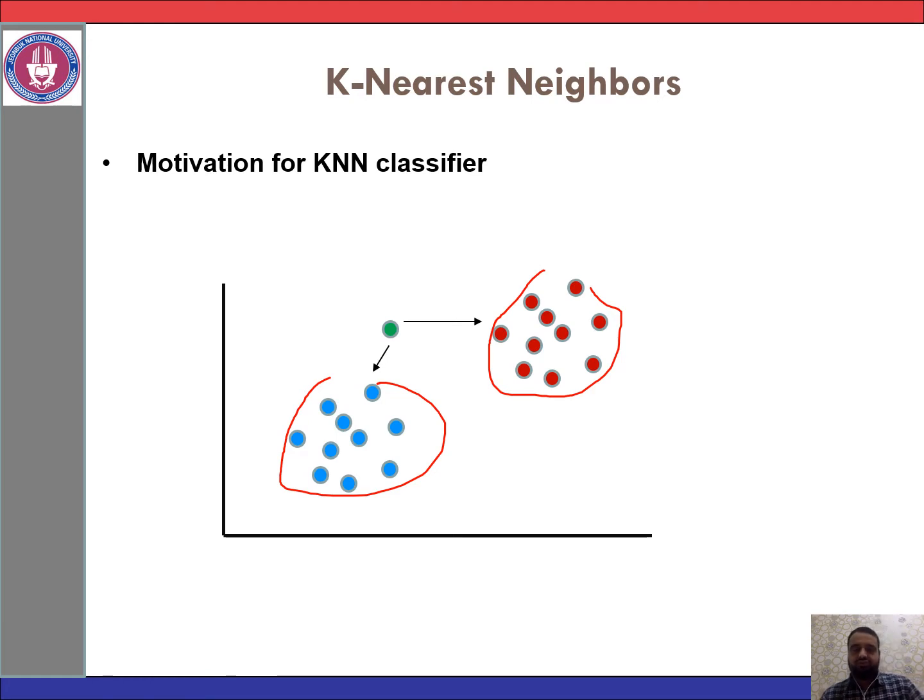So what we do, we find the distance of this sample from both the classes and then arrange the distance matrix and then vote this testing sample. If it gets more votes from this class, then it will go to this class, otherwise it will go to this red class.